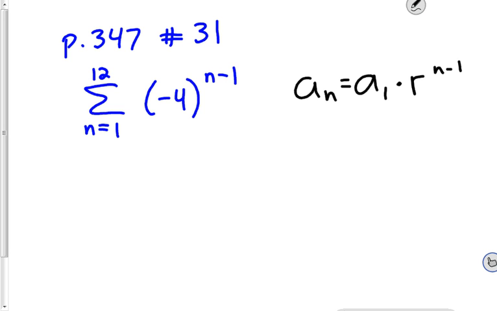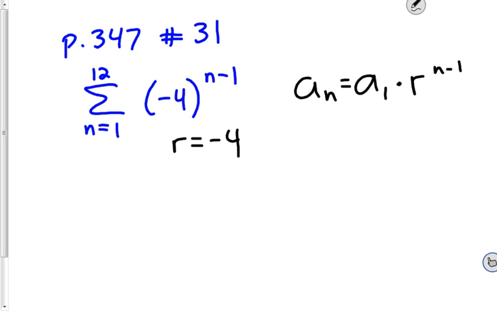The number out in front is a sub 1, and the number being raised to the power n minus 1 is r. So when we look at this explicit formula, the number being raised to the power n minus 1 is negative 4. So the common ratio here is negative 4.